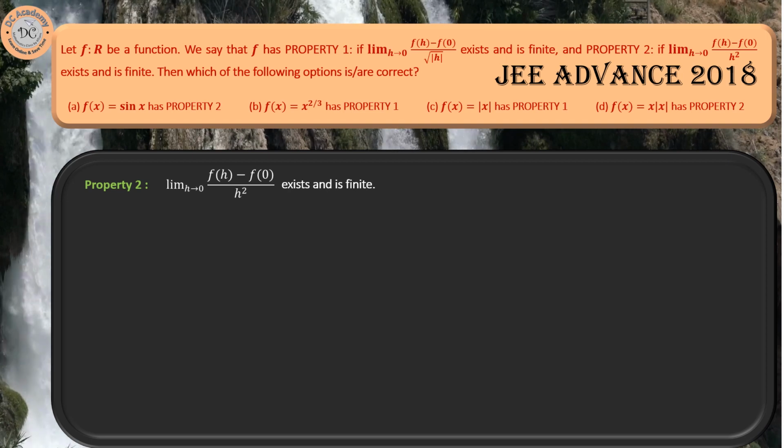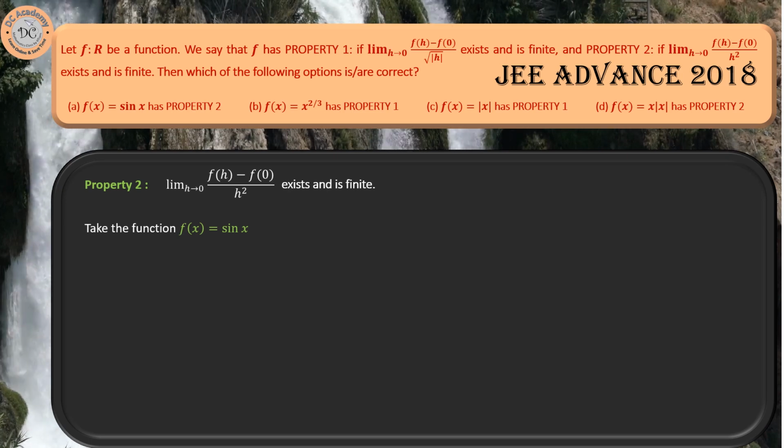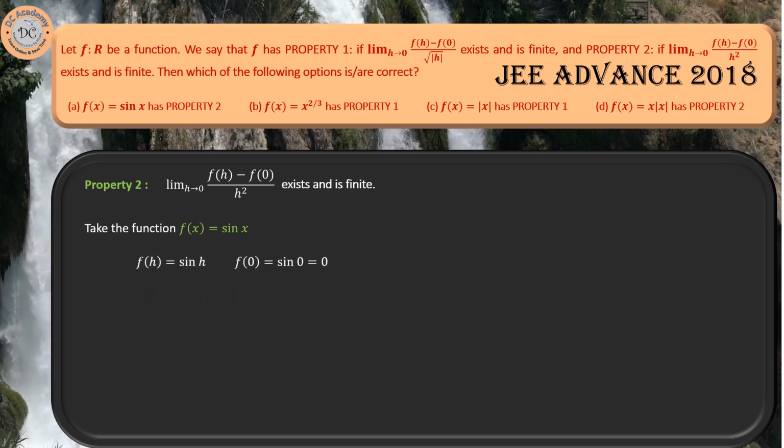So first we consider the function f(x) equal to sin x. Now notice that we need to calculate f(h) and f(0). So f(h) is sin h and obviously f(0) must be 0. Therefore we consider a function g(h), which is equivalent to (f(h) minus f(0)) divided by h squared.